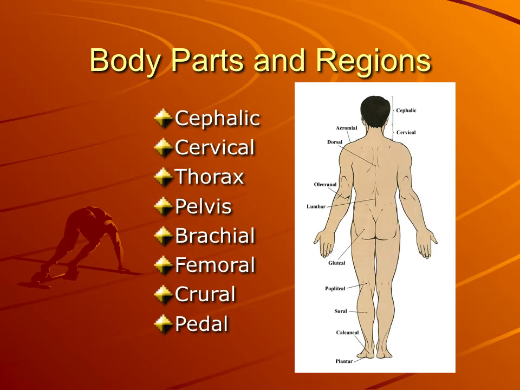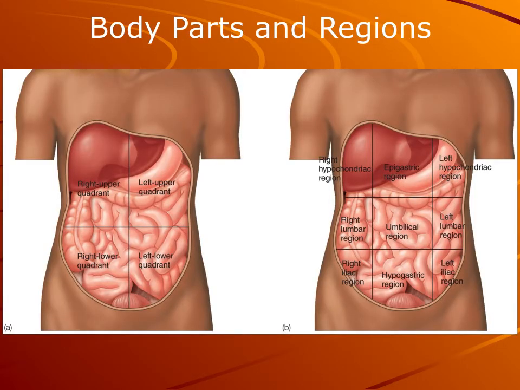We also refer to body parts and regions, but we don't use the terms that are associated with general speaking. We use Latin based terms, and they're very specific. So, cephalic is the head, cervical is the neck, thorax is the trunk, brachial is the upper arm. We also refer very specifically to things like the abdominal regions, either as quadrants or in the nine regions.